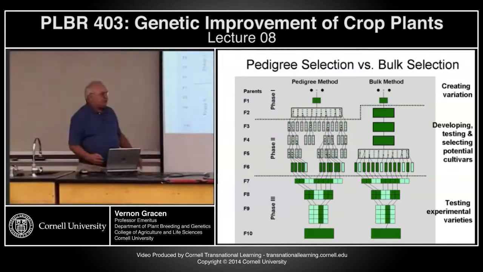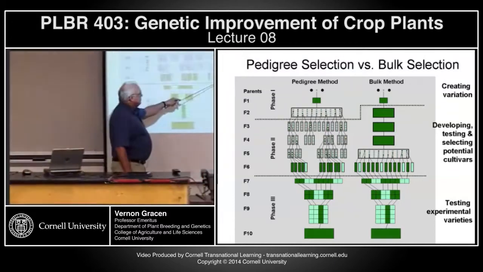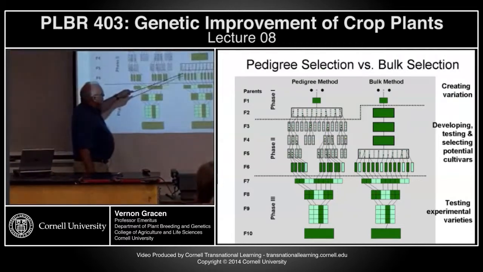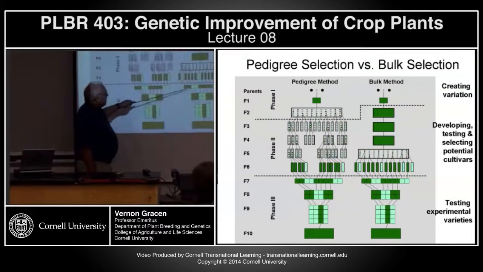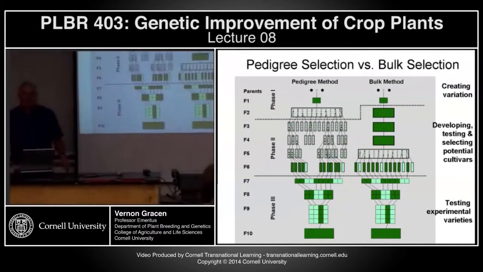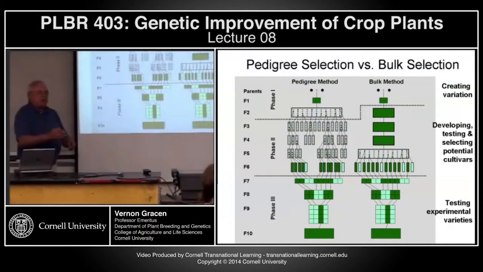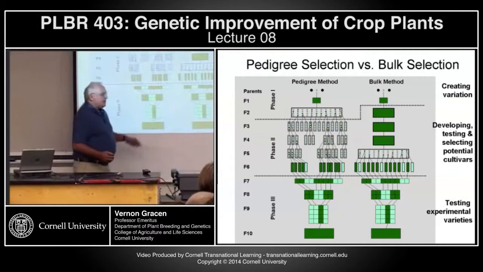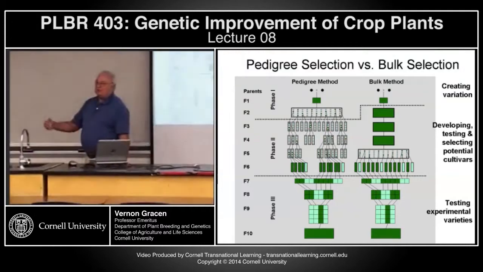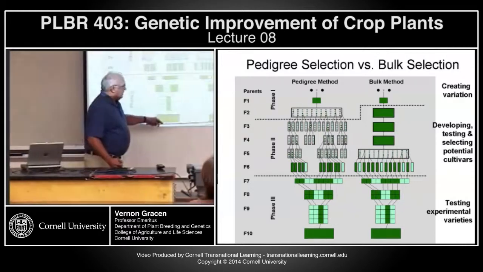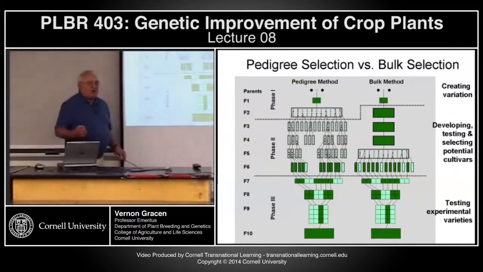In the next generation, these progeny rows can then be replicated, and you can then start selecting, well, what are the best progeny rows to carry on to the next generation, and you eliminate a lot of the undesirable ones and only carry the best forward until finally you get a few that you can take to multiple location replicated trials. So ultimately, you can develop and release a variety.